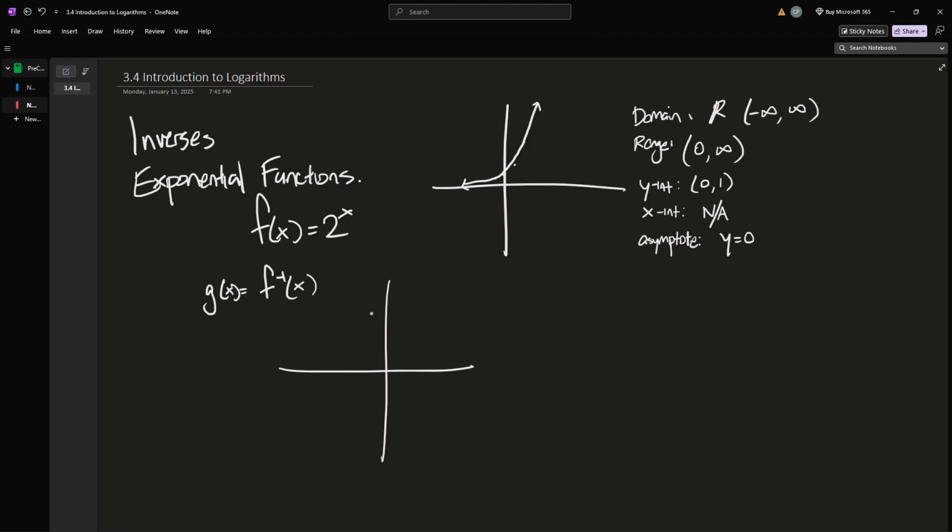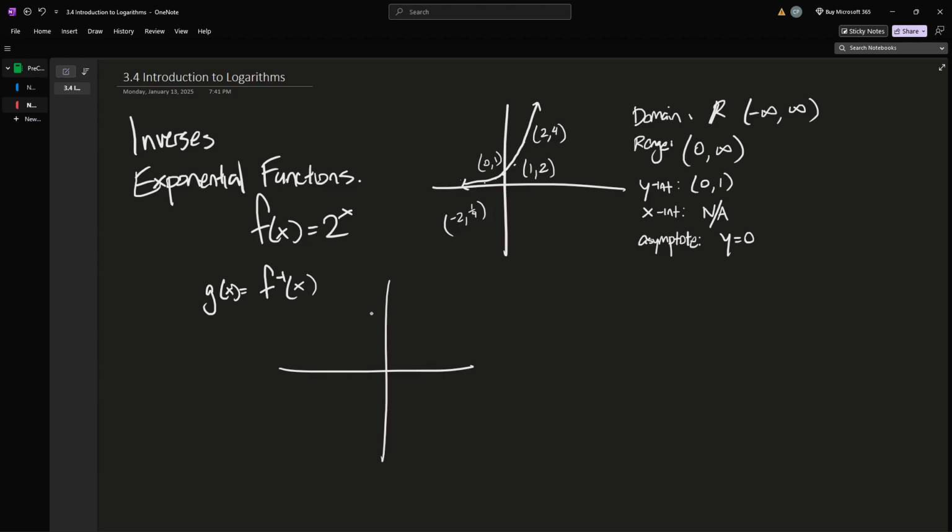If it's the inverse, I want all the coordinates to be flipped. So over here I had 1, 2, I had 2, 4, I had 0, 1. And I had over here, let's say I had -2, 1/4. All the x and y values switch for inverses.